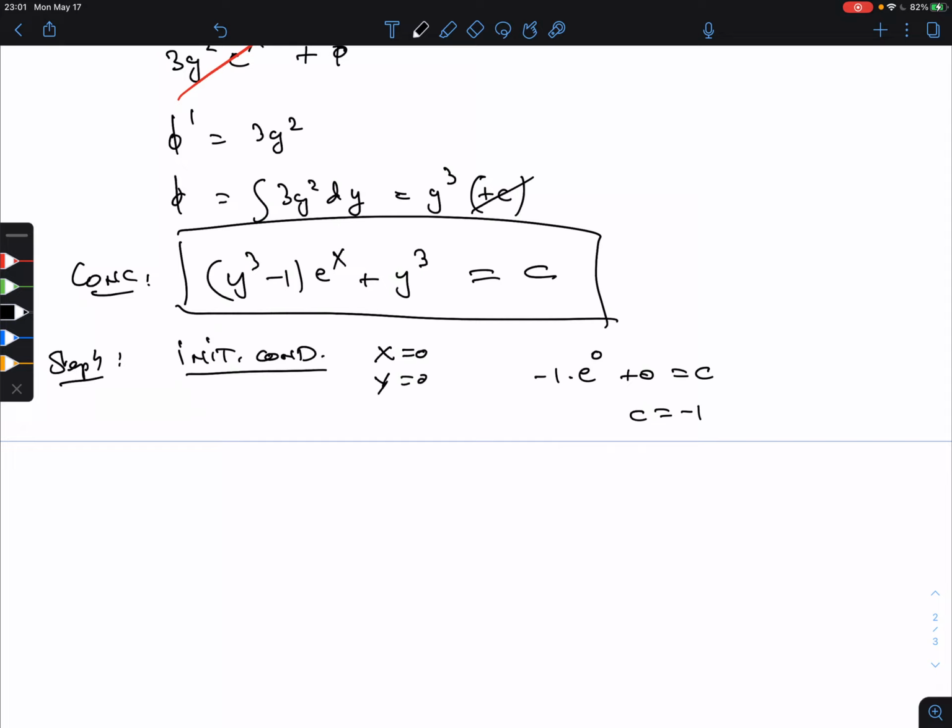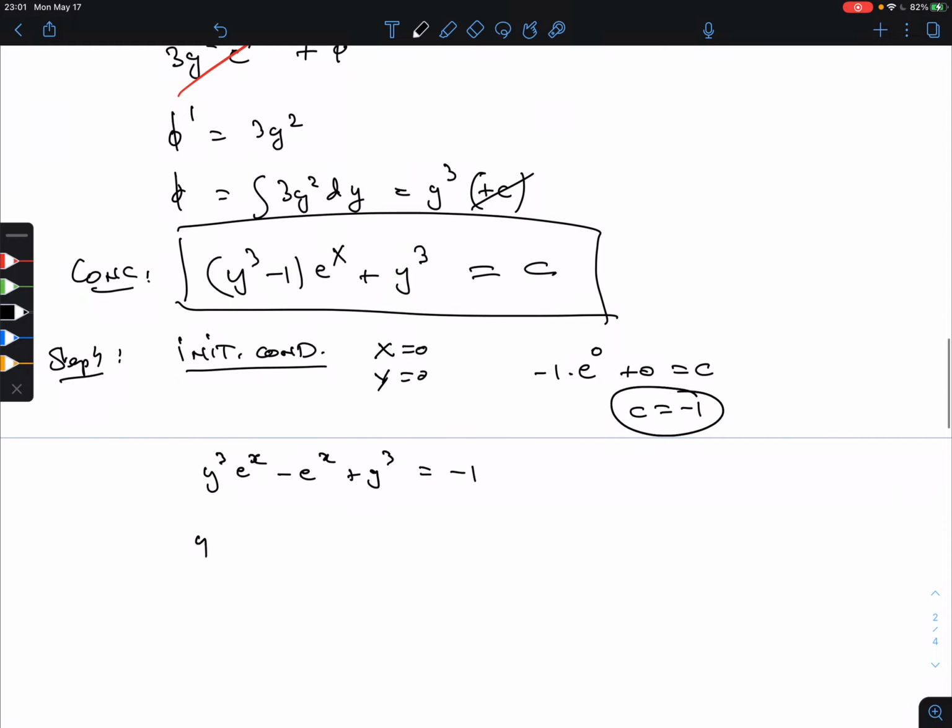Okay. So now we know that c is minus 1, but I'm going to have to solve for y. Let's expand this first. This is minus e^x plus y cubed e^x plus y cubed equals negative 1. Now we group the terms that have a y and factor out y cubed times (e^x plus 1). Let's bring this minus e^x to the other side.